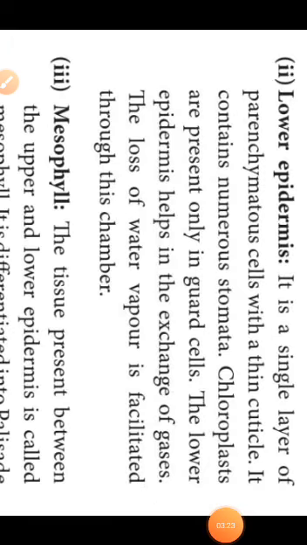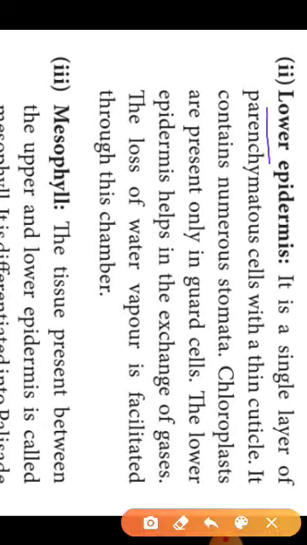Second one is lower epidermis. It is a single layer of parenchymatous cells with a thin cuticle. It contains numerous stomata. Chloroplasts are present only in guard cells.